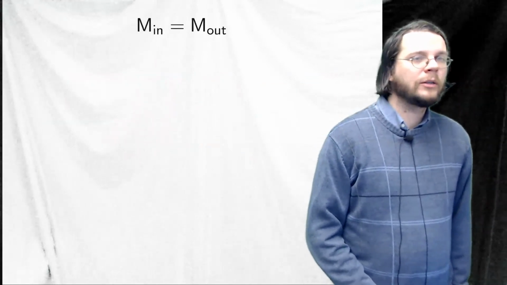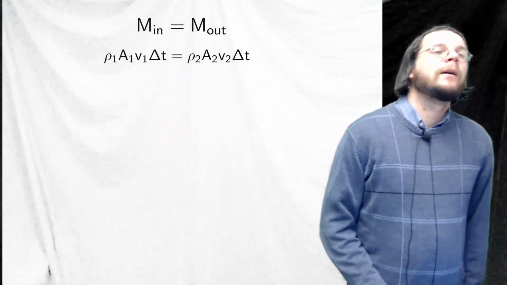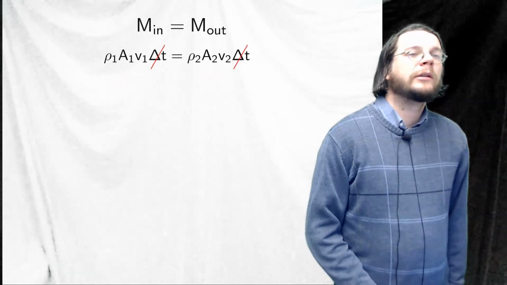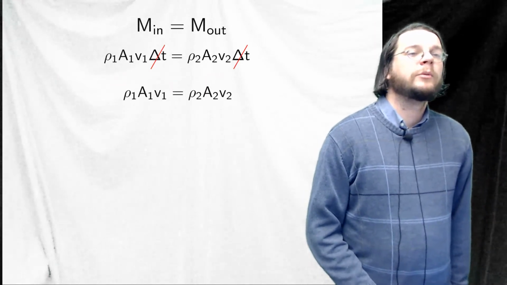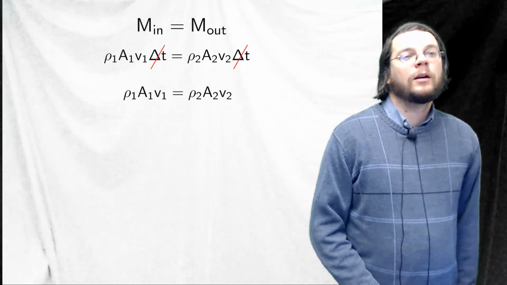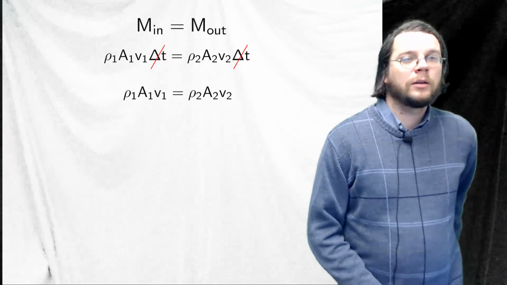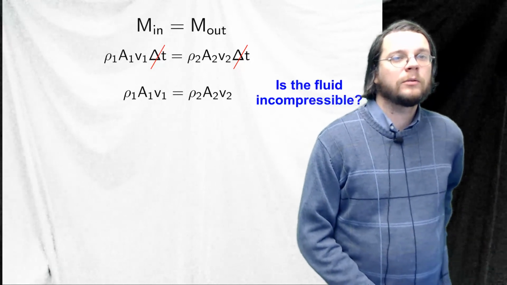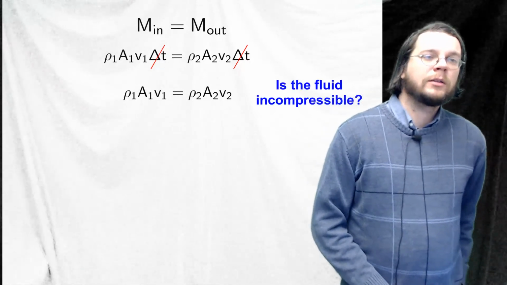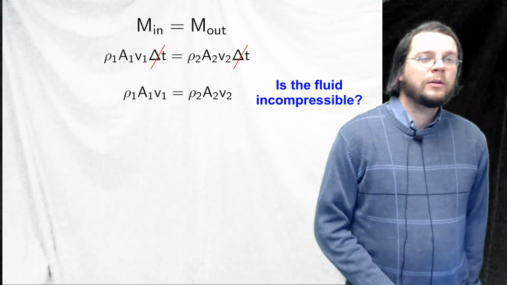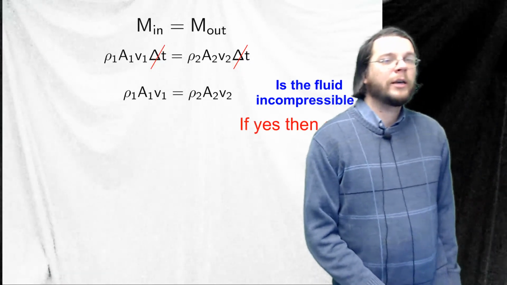And so if those two things are equal to each other, and the time interval is the same, of course, then you end up with this equation, which is true quite in general, but for water, water is incompressible, and so the density is not going to change. Is the fluid incompressible? If it's water, yes.